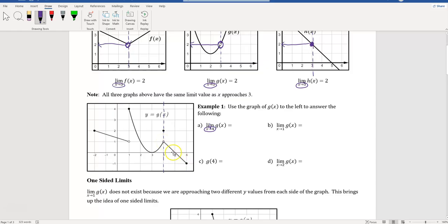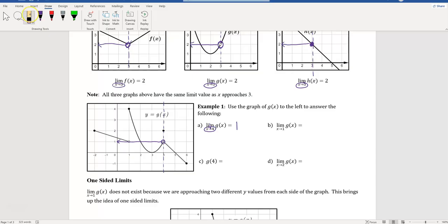From the right, I'm also getting closer and closer to that spot, right? So it's an open circle, but does that matter? No, it's okay that it's an open circle. I'm going to look over here and give the y value that goes with that. So that's going to equal 1. So the two pieces of your graph have to meet up for you to have a limit. The next one is going to be where we have an issue.